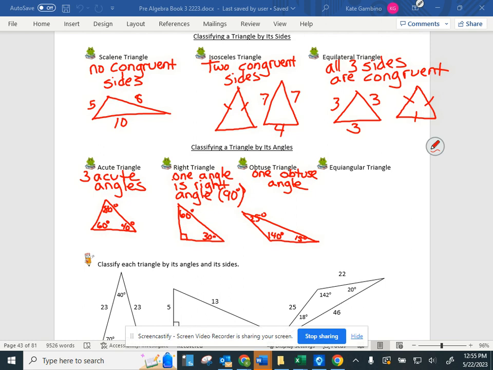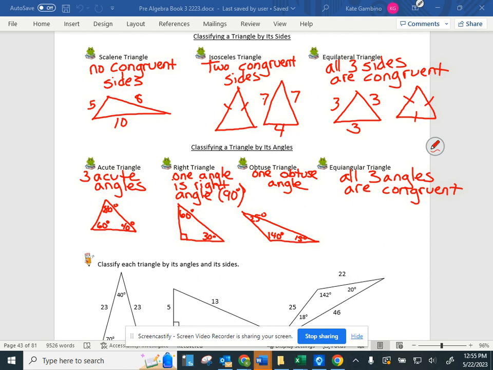Then we have our equiangular triangle. Evelyn? So it has all three angles congruent. Just like our equilateral triangle had congruent sides, our equiangular triangle has equal angles.